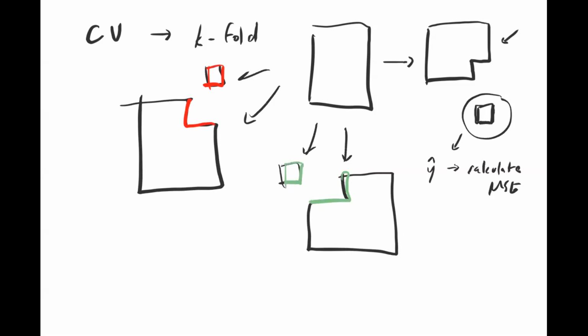So you're grabbing different pieces of data from your initial training set. Okay, so the algorithm to do this, I'll write this out. Divide data into K subsets.